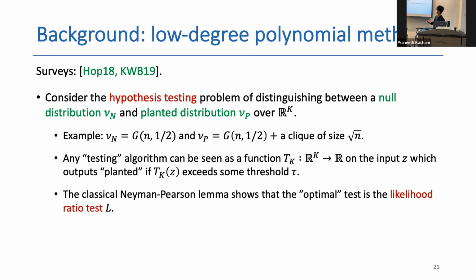This is optimal in a statistical sense. But the problem is that this likelihood ratio test is usually very hard to compute given an input. In average case problems, this is impossible to compute, or rather we don't know how to compute it.